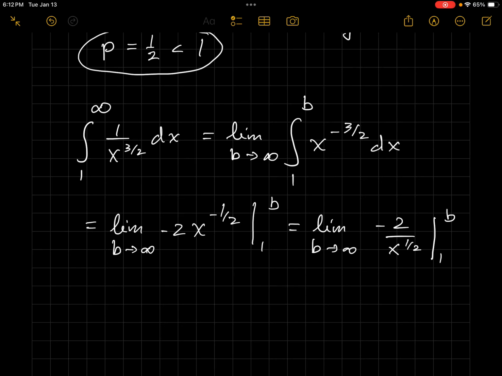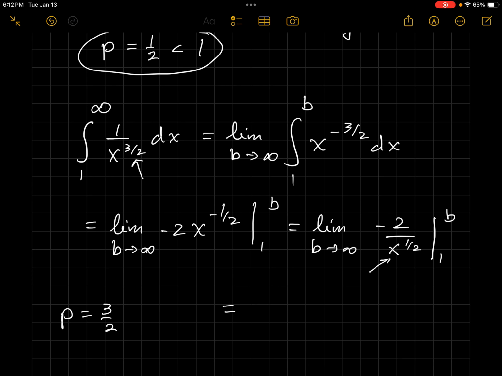Notice that my original p value was 3/2, and after I took the antiderivative, I ended up with x in the denominator.